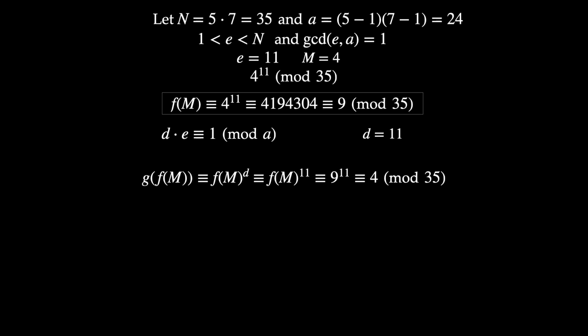In this case, we took 9 to the power d, or 9 to the power 11, which is congruent to 4 mod 35. And we notice that this is the original message. This works for all messages, and this happens to be true by using our generalized Euler-Fermat theorem from before. You can think of it as an exercise to prove it.